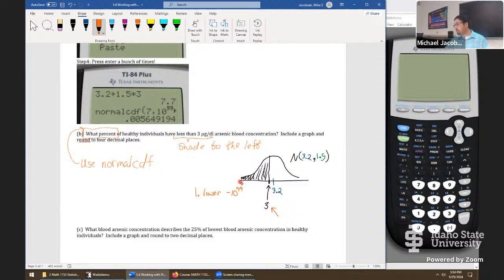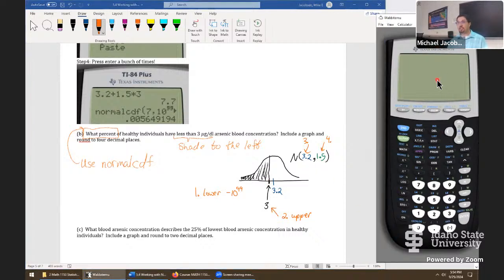This is input 2 for the upper. What we mean is upper bound. In other words, when we look at the area, there's a boundary right here, right at 3. So that's our upper bound, input 2. The last ones are easy. That's always the third input and the fourth input. And the calculator helps. They say what symbol each one of these should be to indicate. So that's our setup so far.